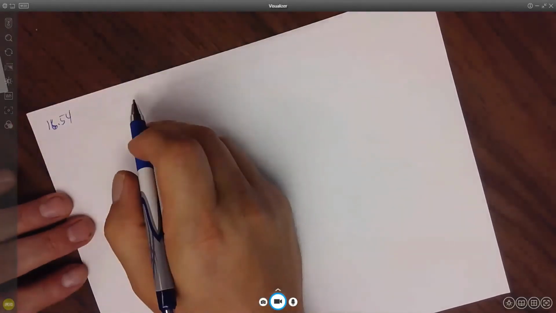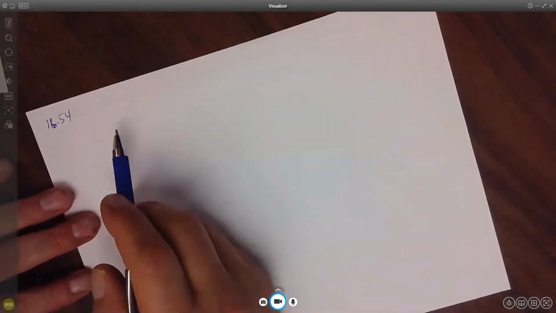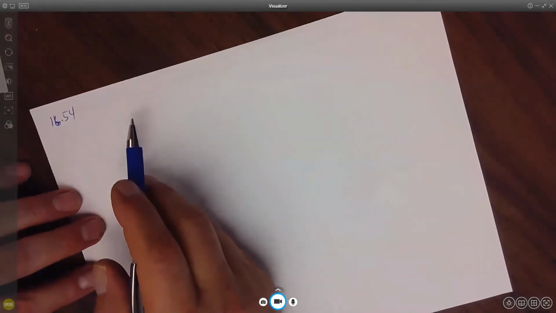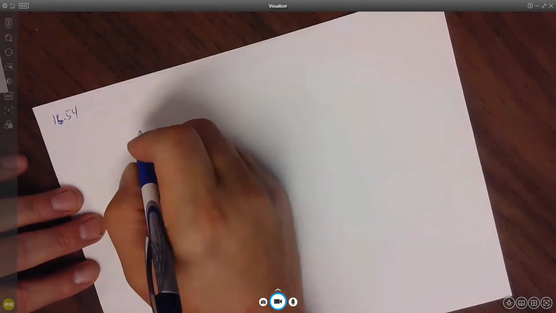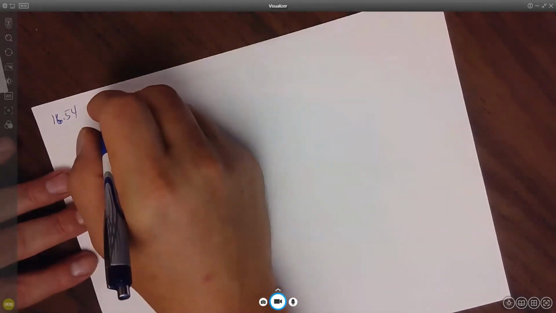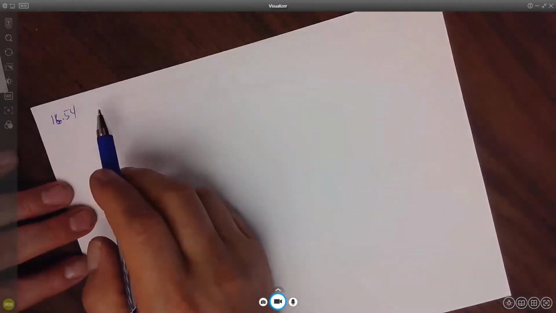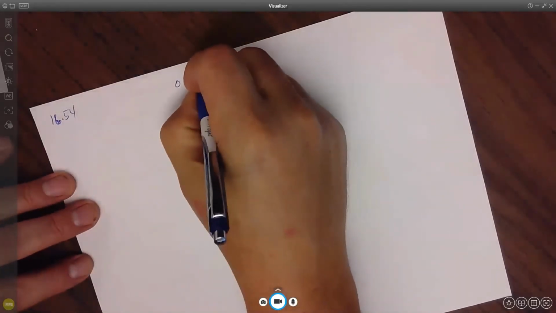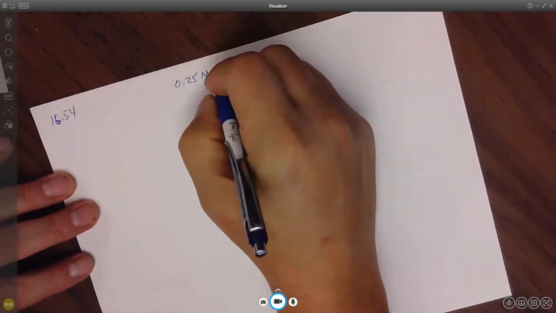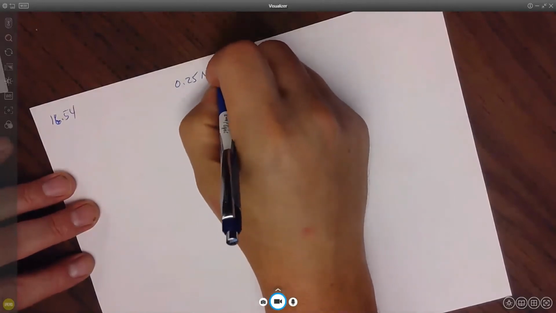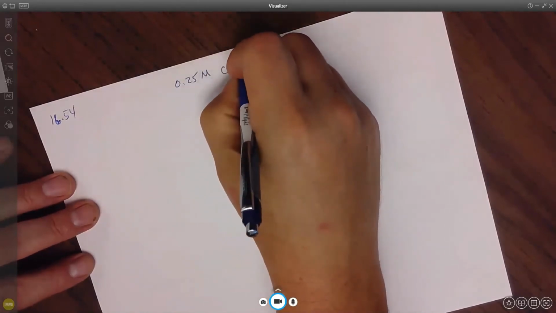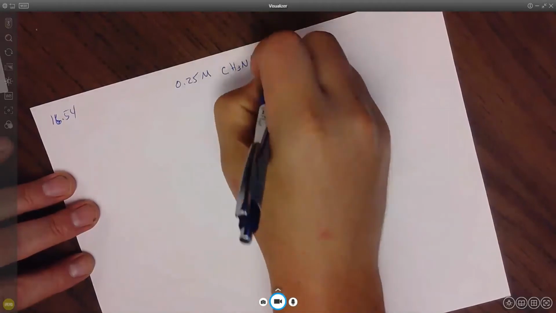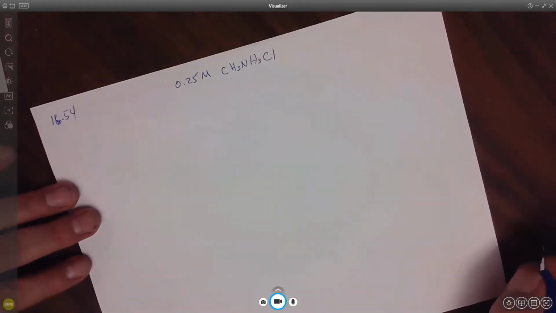So 1654 says, what is the concentration of methylamine? Okay, so methylamine, well, let me keep reading. So methylamine in an aqueous solution that contains 0.25 molar methyl ammonium chloride. So methyl ammonium chloride looks like this. Okay.